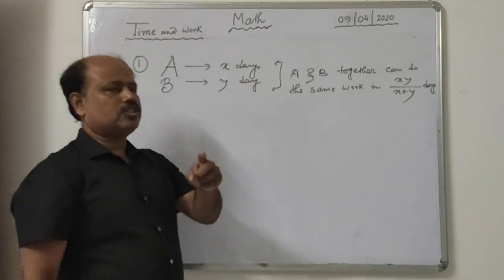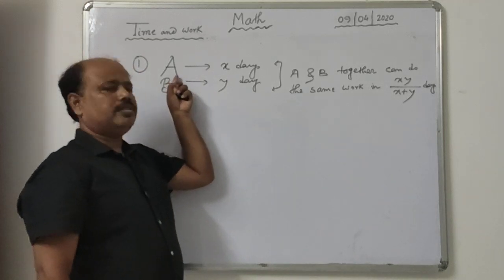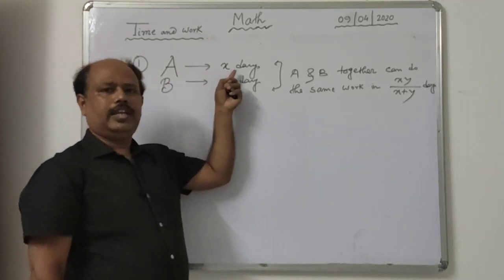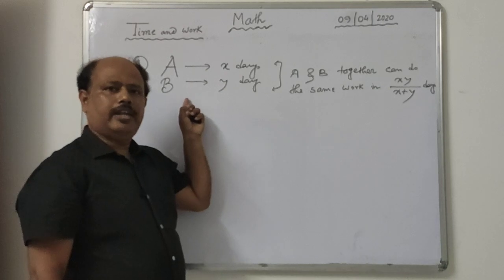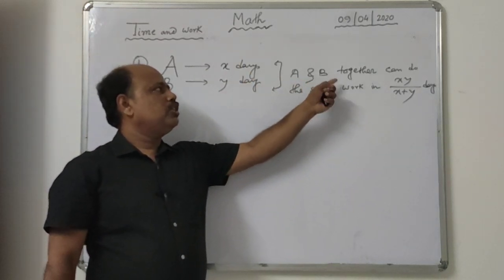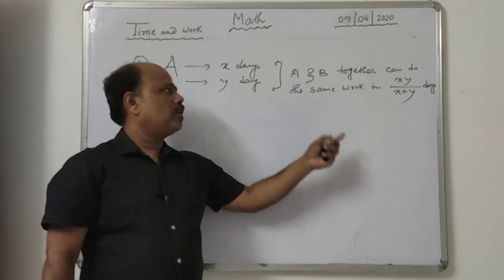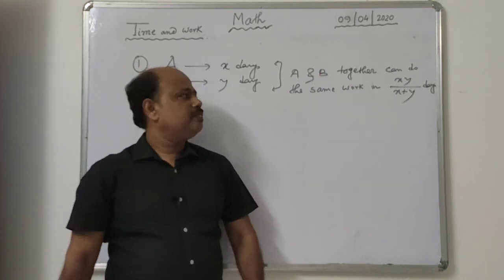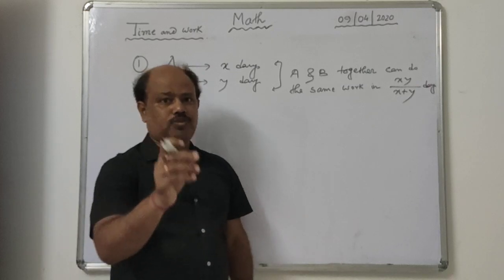Therefore, the first law is, if A can do the work in x days and B, another man, can do the same work in y days, then A and B together can do the same work in xy by x plus y days. This is the first formula.